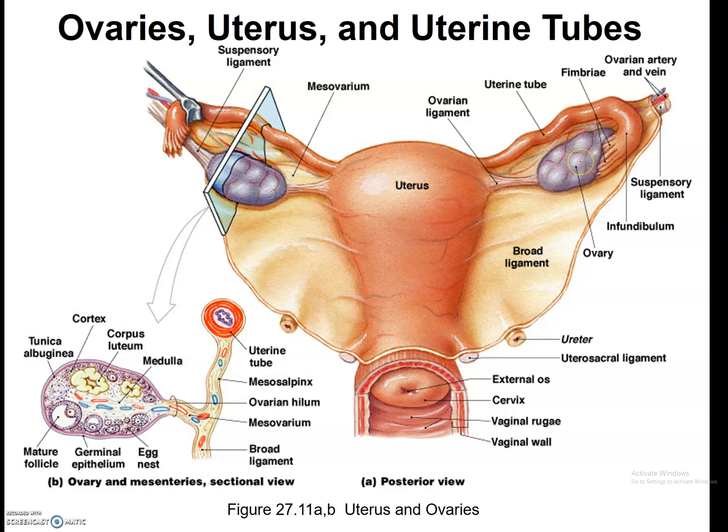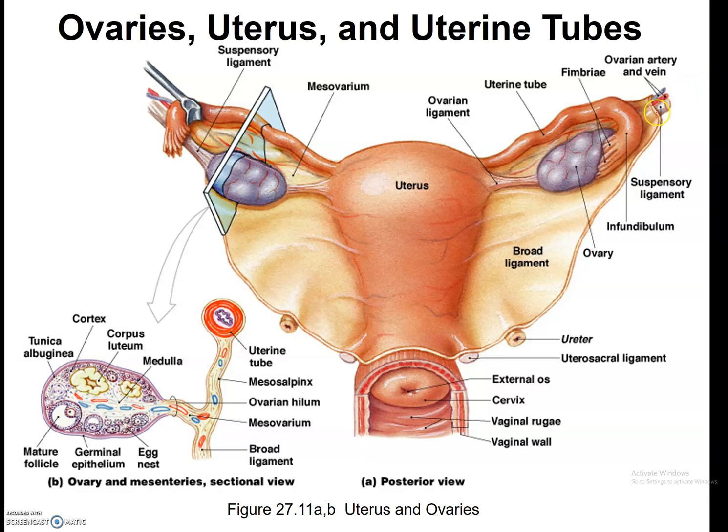The ovary will produce ovum, which are released into the fimbriae and then will travel down the uterine tube via ciliary motion from ciliated cells that are inside of the uterine tube. The ovaries, and actually the dorsolateral portion of the uterus as well, are supplied with vasculature via the ovarian artery and the ovarian vein.